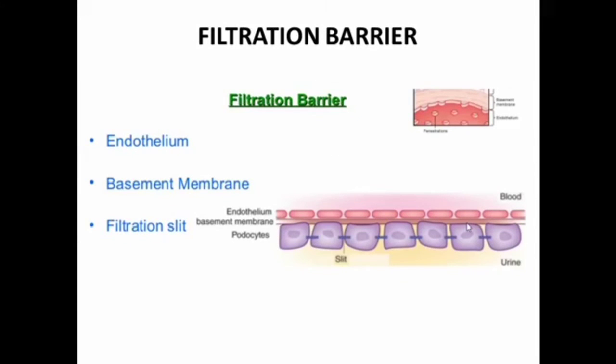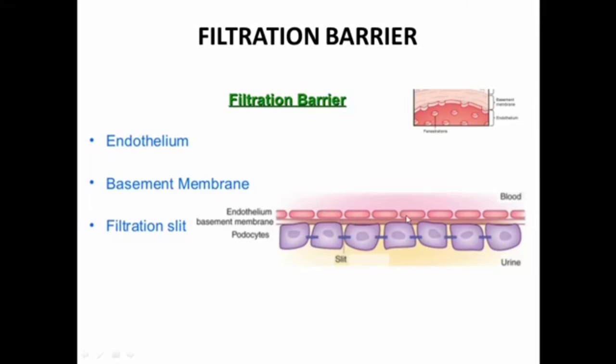Now coming toward the last topic of today's discussion, and that is the filtration barrier. What you can see here, there are three things. First, this is the blood side, where blood is present, and the urine is present here. The first thing is the endothelium, and it is covered by some glycocalyx.